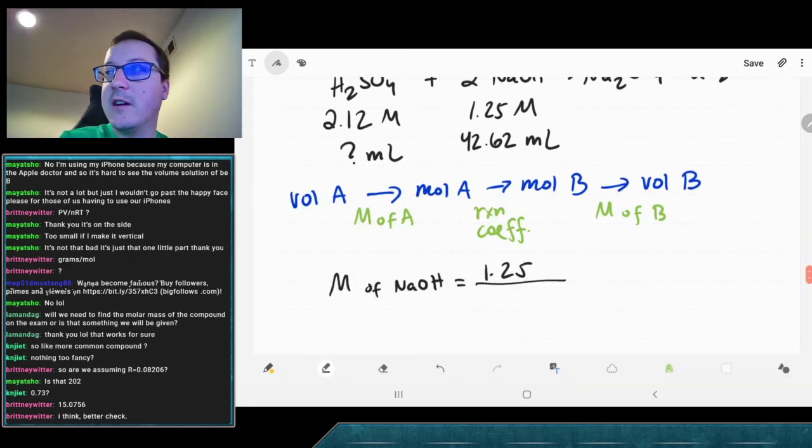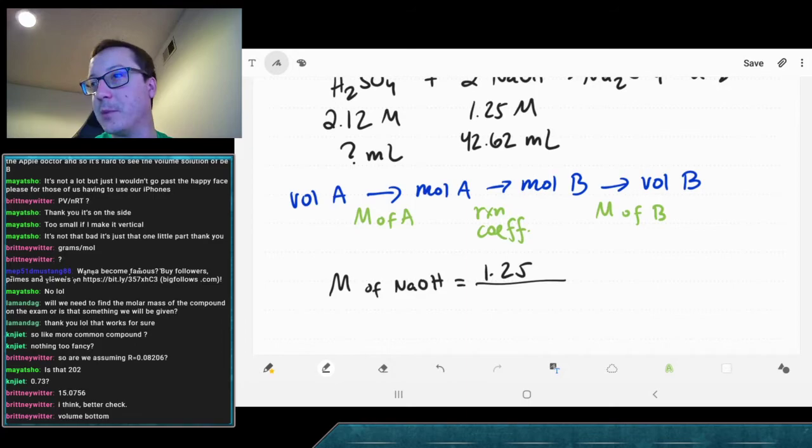What did molarity mean? Indeed, volume bottom, but what unit, Brittany? What are the units here?